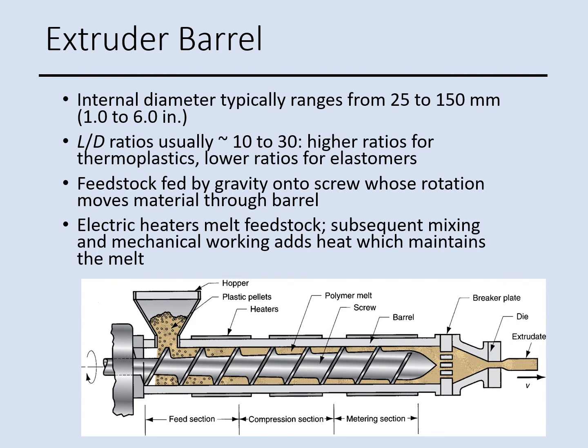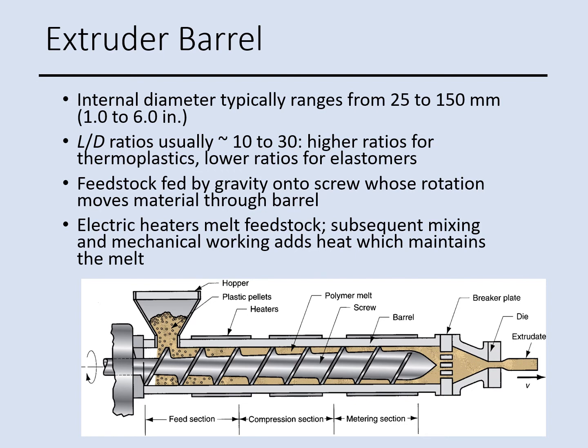The extruder barrel has the internal diameter, and that diameter can be between 1 inch and 6 inch, or between 25 millimeter up to 150 millimeter. And the length over diameter ratio can be between 10 to 30.